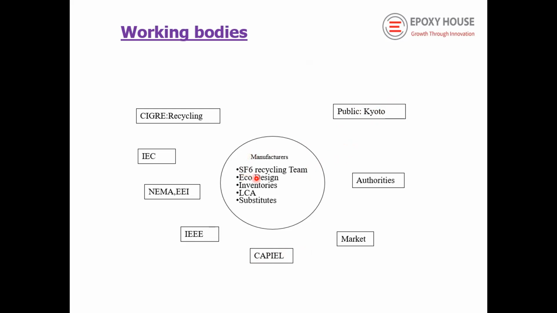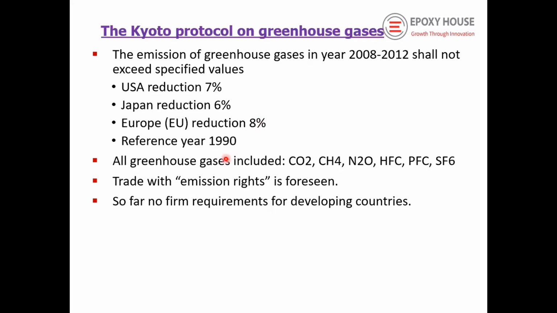So people are working on SF6 recycling techniques, eco-based designs are brought, the inventories and materials are reduced, life cycle assessment software is available to estimate the life cost of the product, and alternate substitutes are also worked out. So all are working to change the gases.